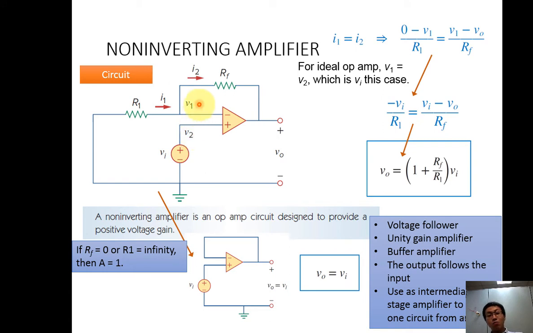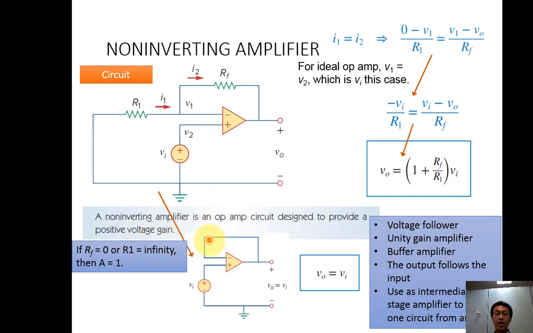And in this case, my V1 is actually Vi. So I substitute V1 with Vi, then I play some magic. Then I found that V0 equals 1 plus RF divided by R1 times Vin.